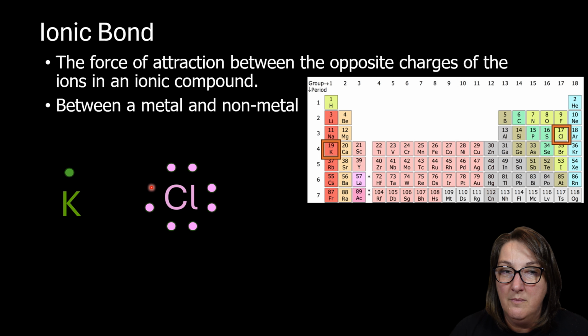It's going to be easier to bring this in. So if it brings this in, I'm going to be more negative by 1 and more positive by 1. And that positive and that negative charge are going to pull each other together. And again, I have a metal and a non-metal, and that's going to be that ionic bond. So these opposite charges attract.